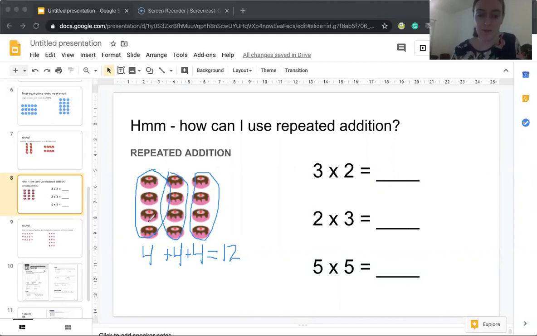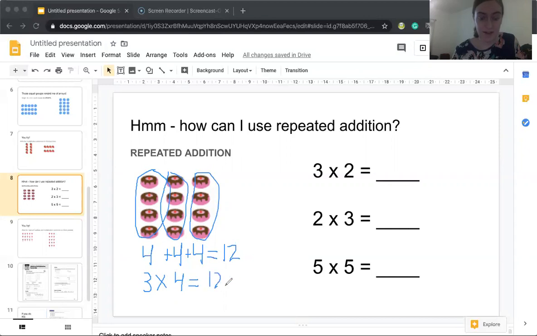Another thing I can think of is I have 3 groups, 1, 2, 3. Here's my multiplication symbol. And how many are in each group? Well, we know it's this number right here because we counted the donuts. 3 times 4. 3 times 4 equals 12.